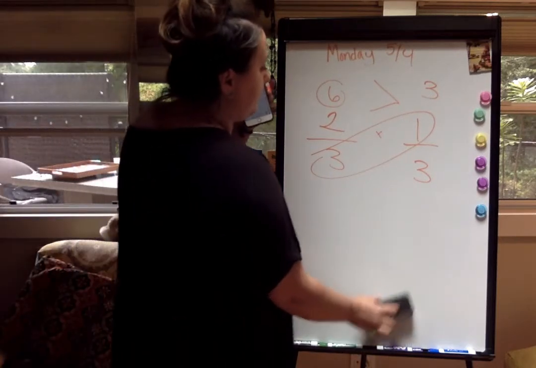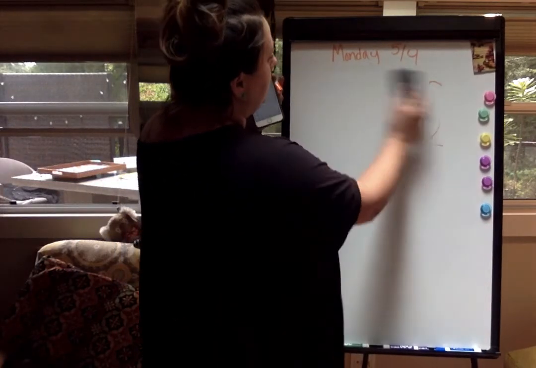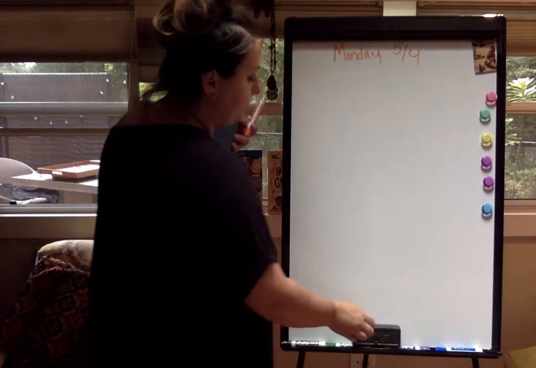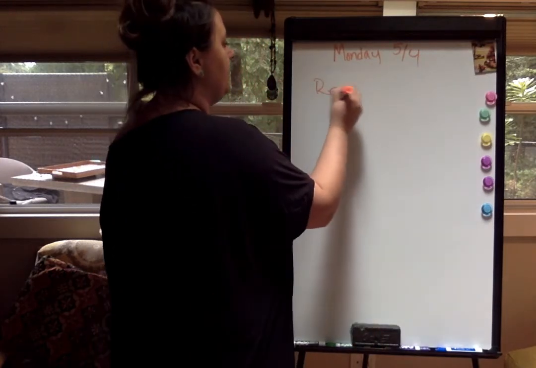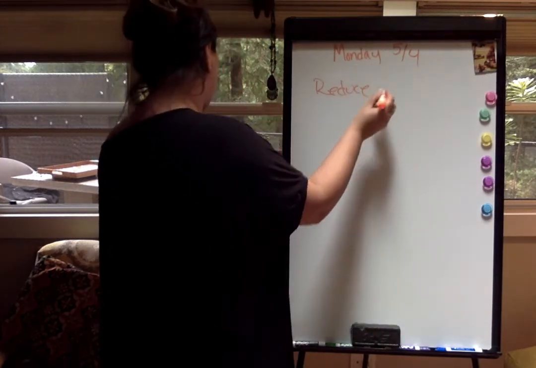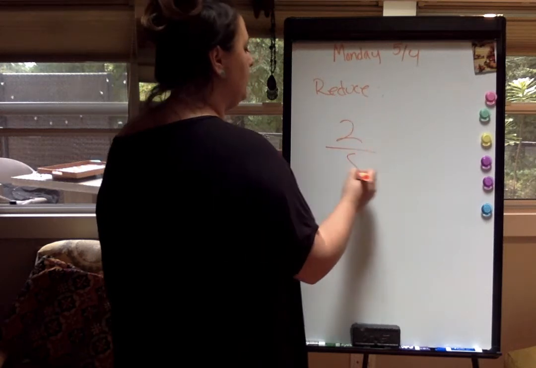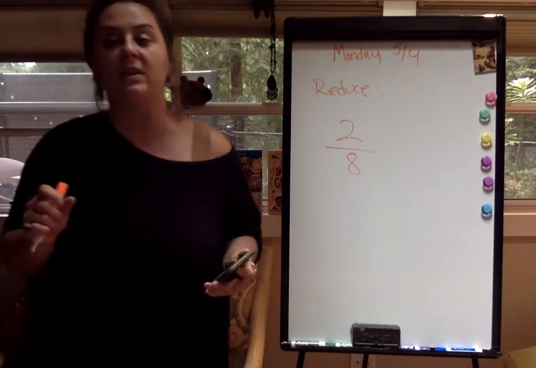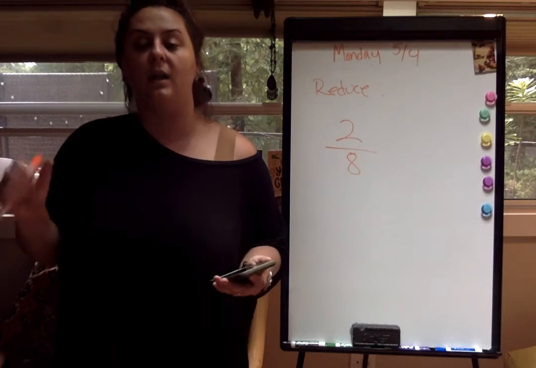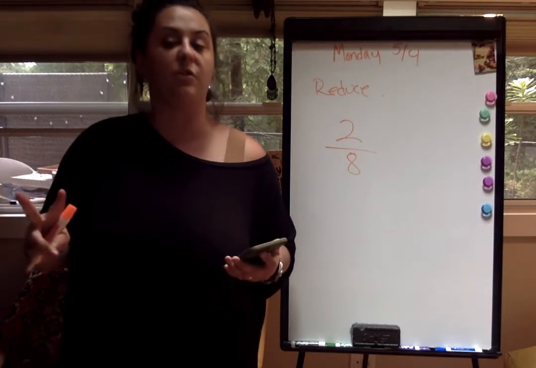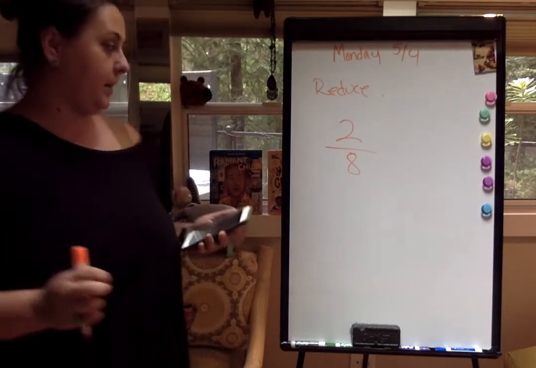All right, we're going to simplify a fraction. Simplify means reduce. Reduce, simplify, same diff. 2/8. Now, since both of these are even numbers, I know that I can put 2 into each of them. I can at least start there.